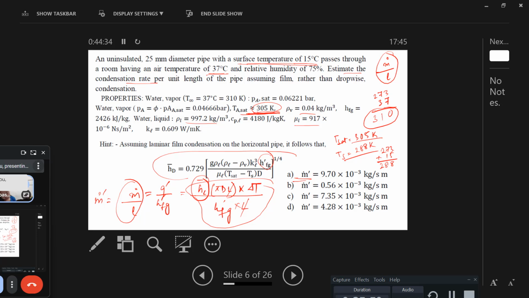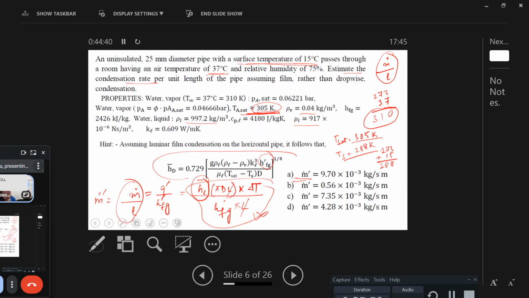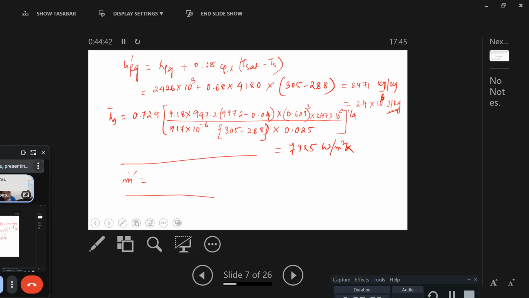Now what we were about to calculate is M dot prime, which is equal to HD bar into pi D into T sat minus TS divided by HFG prime.